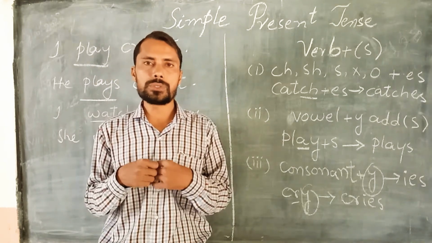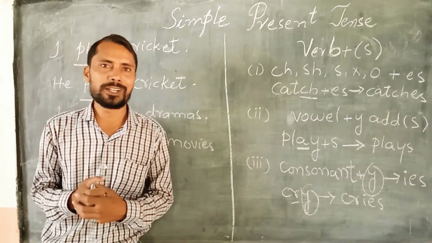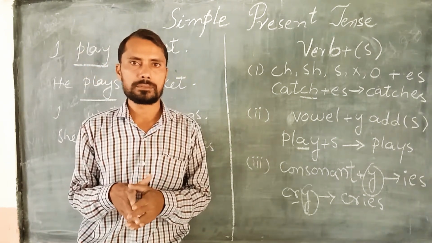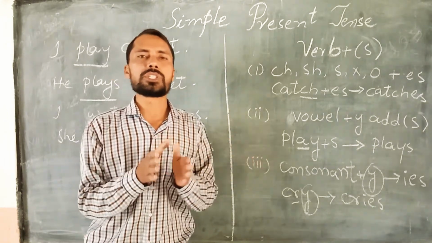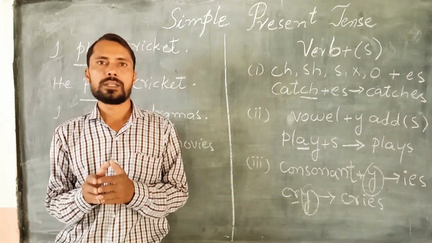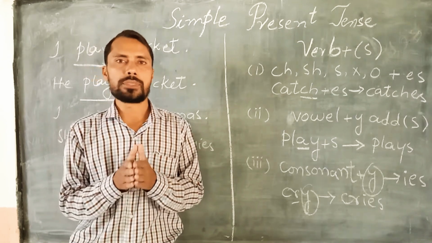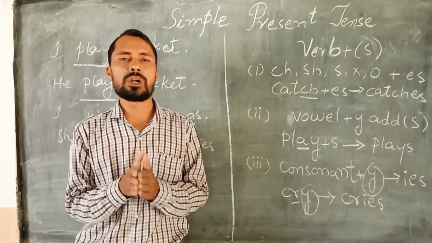I go to school for teaching, obviously, not for learning, but she works in a bank. I go to school, but she works, not work, because we are talking about a third person singular. We say works. She works in a bank.